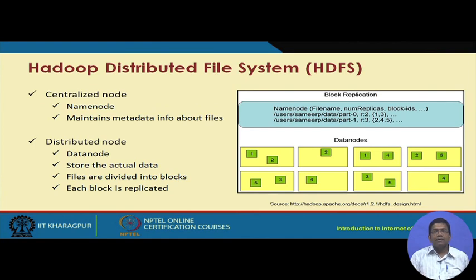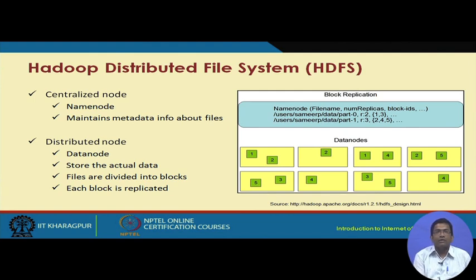In HDFS there are two different types of nodes: the name node and the data node. The name node is a centralized node which maintains the metadata information about the different files storing the data, and the data node is a distributed node that stores the actual data in the form of files, which are divided into blocks, and each of these blocks is replicated.